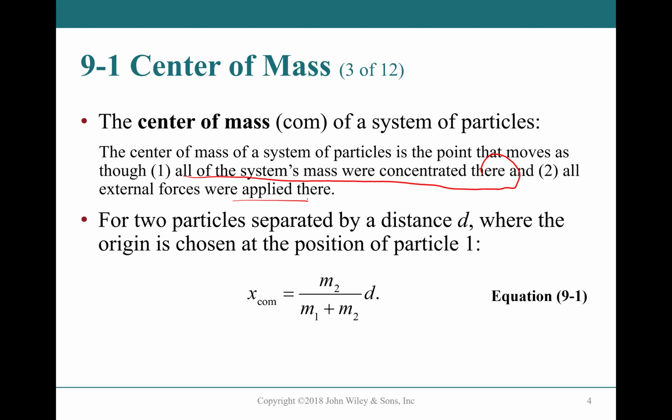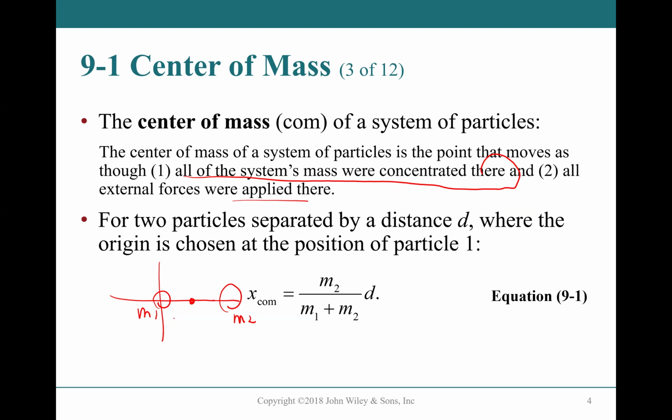If we have M1 here and M2 here, how do we calculate where the center of mass is? If you have masses like this, the center of mass will be somewhere in the middle.